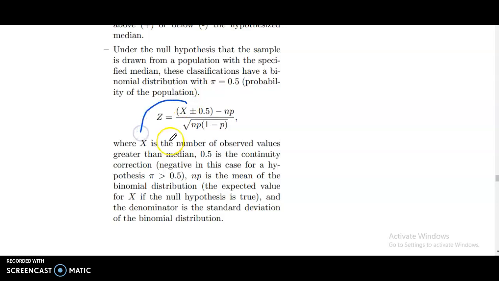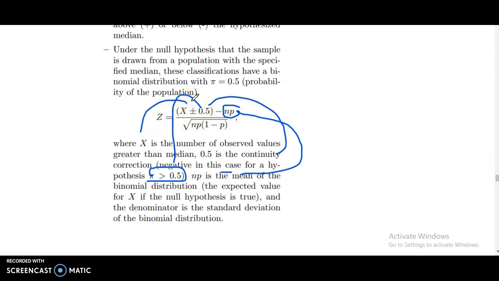Here x is the number of observed values, and pi equals 0.5. The 0.5 is the continuity correction, which is subtracted when pi is greater than 0.5 and otherwise added.